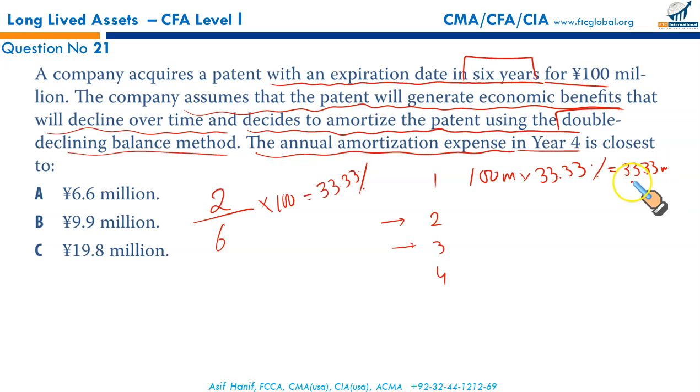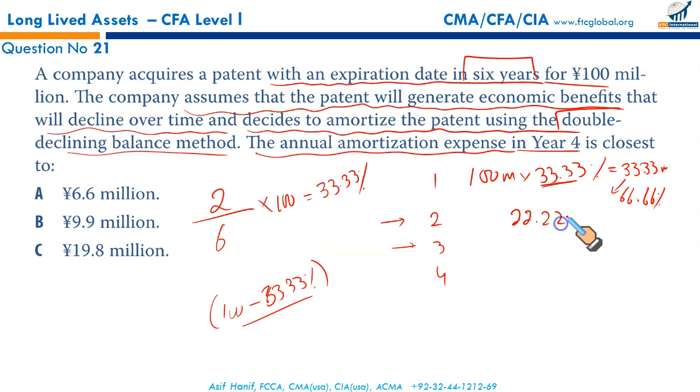Next year's depreciation is calculated by multiplying this number by 66.6%, which is 100 minus 33.33%. Sometimes this intermediate working is very helpful. So 33.33 million times 0.666 gives you 22.22 million.